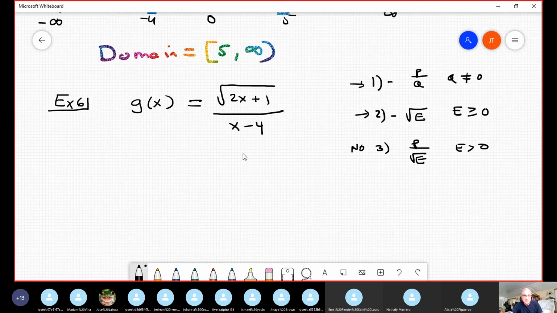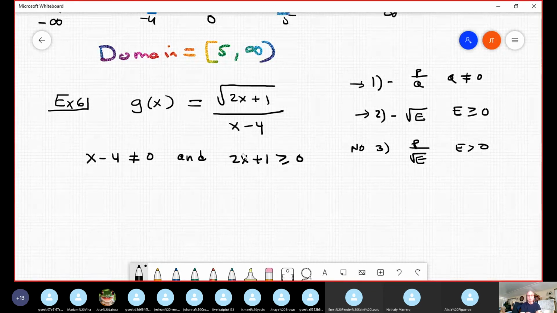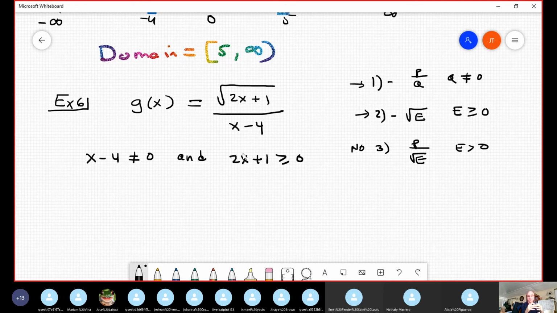Restriction number 1 is easy: x minus 4 cannot be 0, illegal. Restriction number 2 is 2x plus 1 greater than or equal to 0. That's it, you set up the compound inequality. The radical in the top cannot be negative inside, and the expression in the bottom cannot be 0.